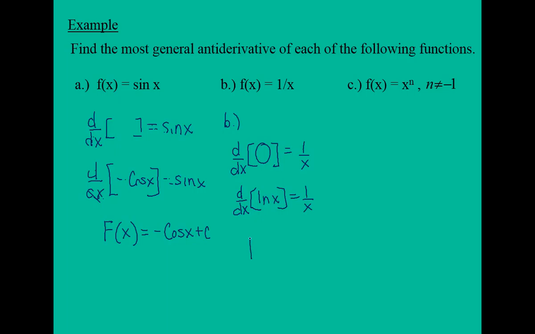So the antiderivative of 1 over x would be ln of x plus c. And we're going to look at the reason why, but the actual antiderivative would be the natural log of the absolute value of x.